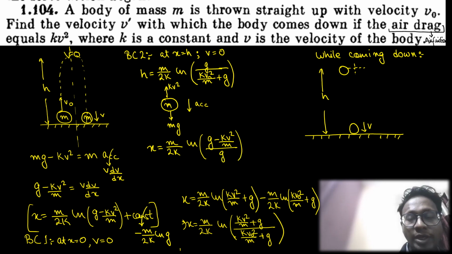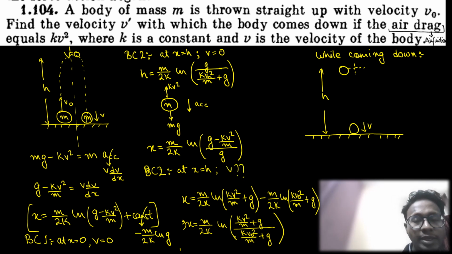Now boundary condition 2. Boundary condition 2 is at x equals h. So when the body is at the downmost position, what is the velocity out here? So at boundary condition 2, at x equals h, find v, or isolate v.